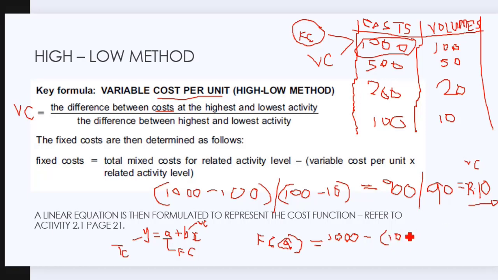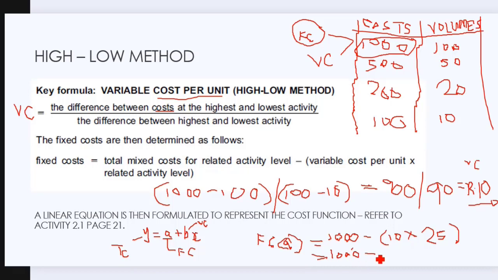And then the units that they give you, let's say they give you 25 units. I'm making an example. These are the units. So your fixed cost would be 1,000 minus what's 10 times 25? Checking if you guys are awake.